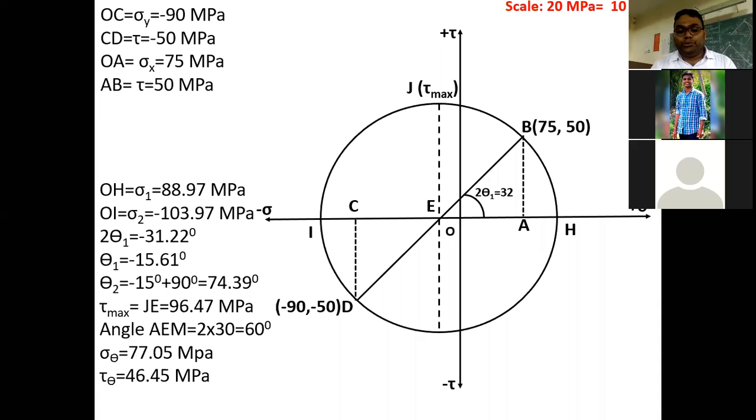Now if it is asked in the question, find the shear plane. So what will we do? You just measure this. Okay, let's move ahead. Find the value of sigma theta and tau theta.